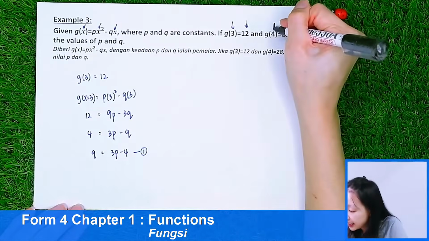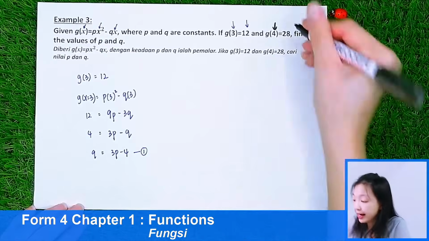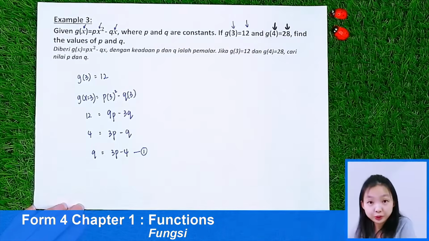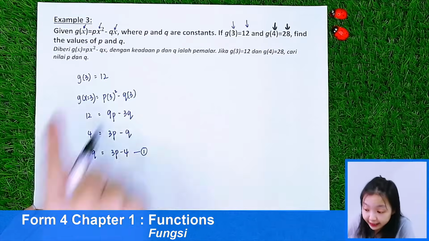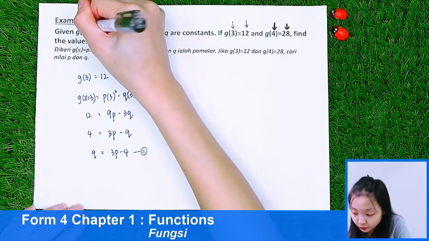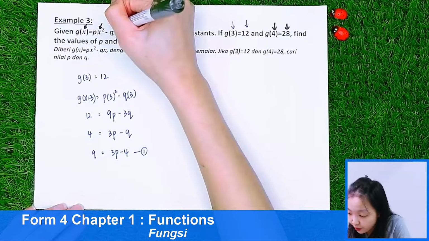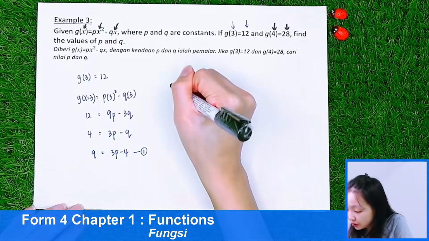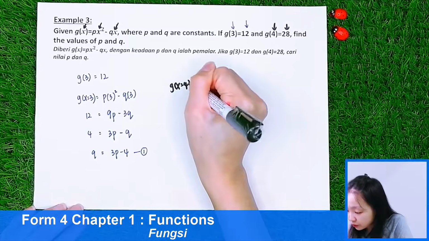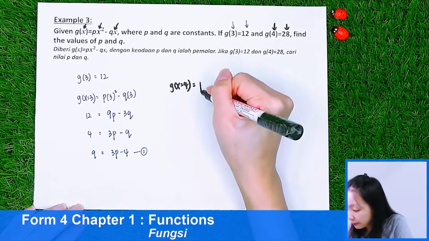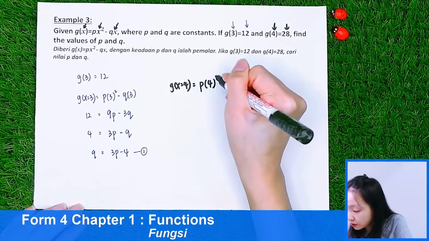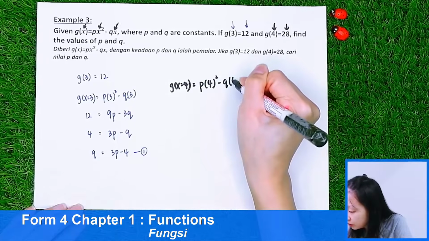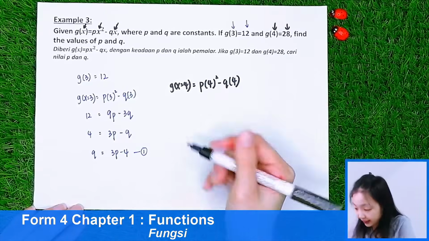Now, my object is 4 and my image is 28. So I will substitute x = 4 into here. So g(4) = p(4²) - q(4).